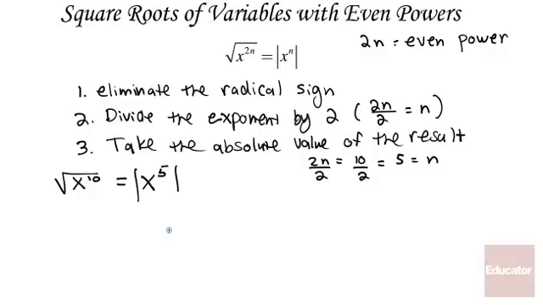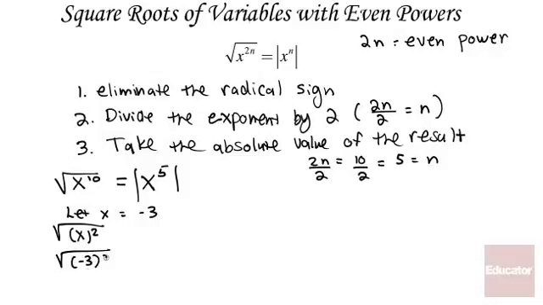So let's say that x represents -3. So let x equal -3. Let's say I have the square root of x squared. Whether I know it or not, x is standing in for -3.